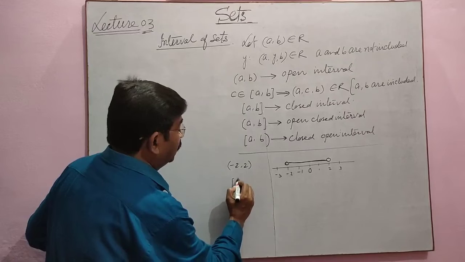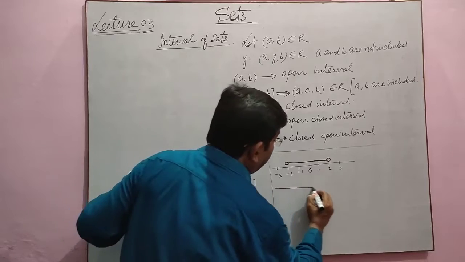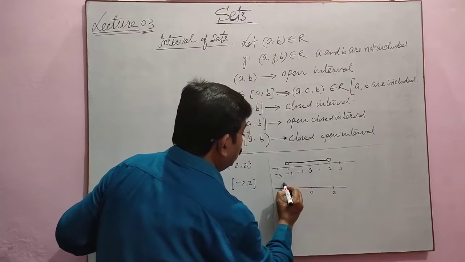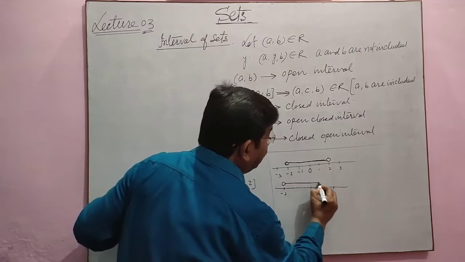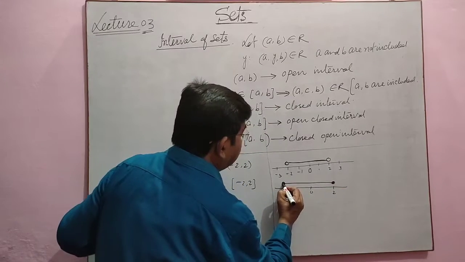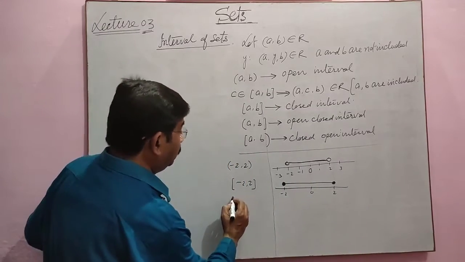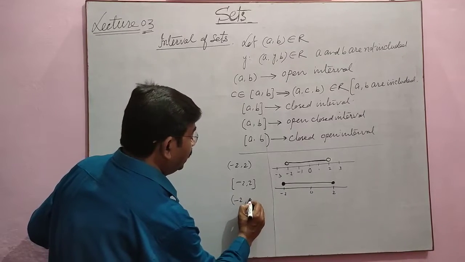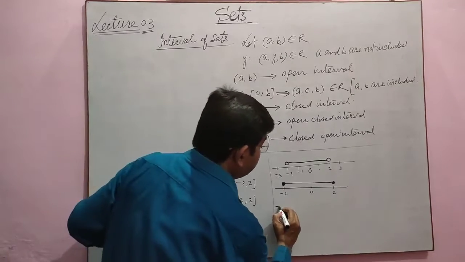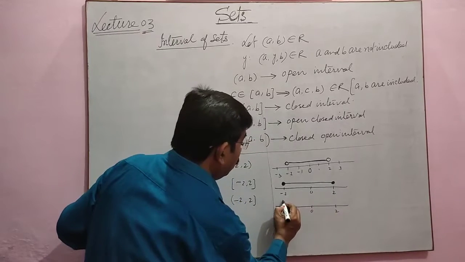Suppose we have the closed interval [-2, 2]. On the number line, this is 0, here we have -2 and here we have +2. We make the circles and these circles are darkened. Suppose you have (-2, 2], open closed interval. In this case we have 0, -2 and +2.